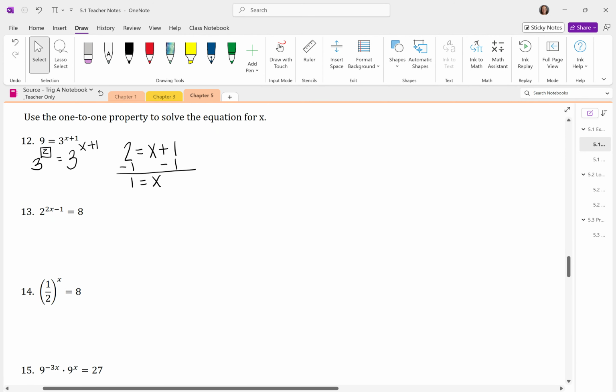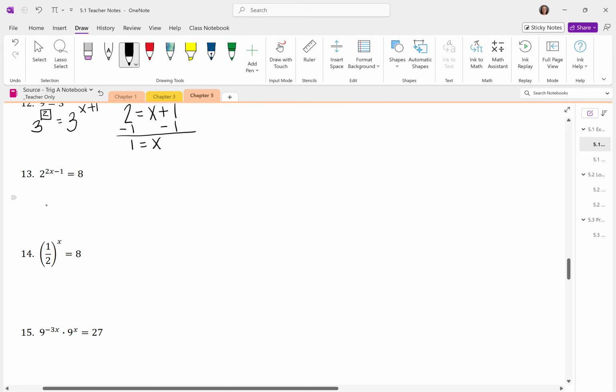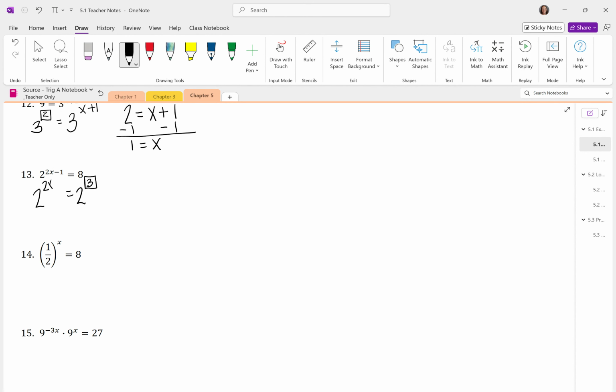Okay, so number 13, you need to rewrite this 8 using a base of 2. So 2 to the what power is 8? And that's 3. So you have the same base, so you set your exponents equal to each other.